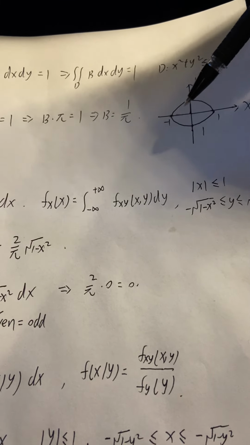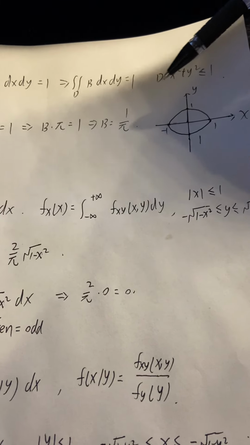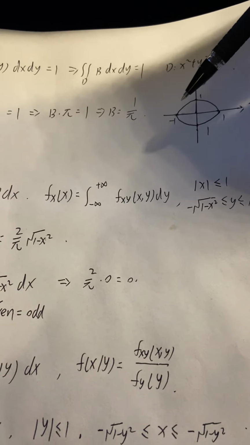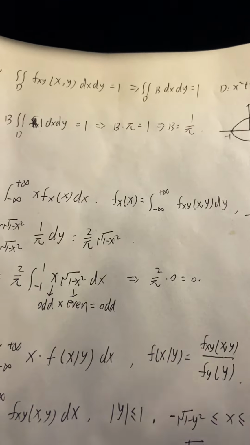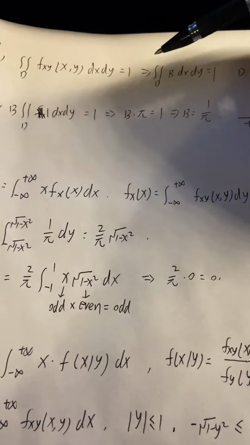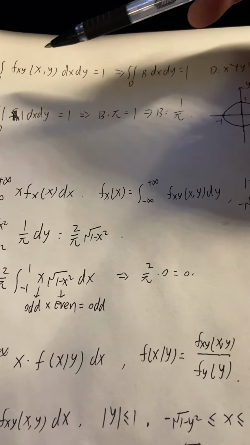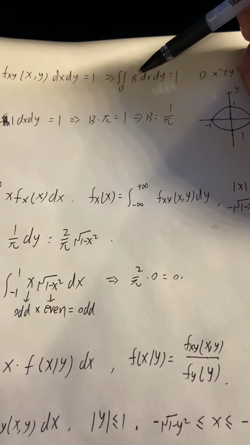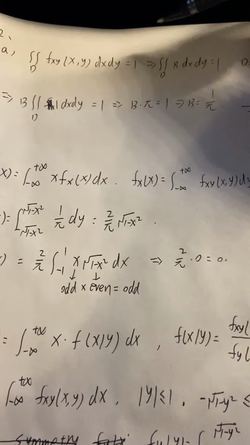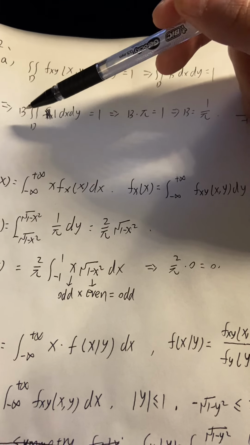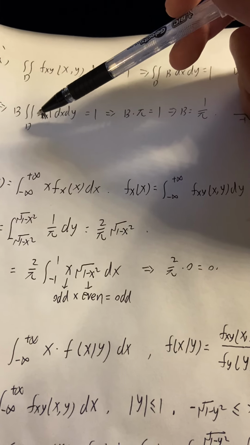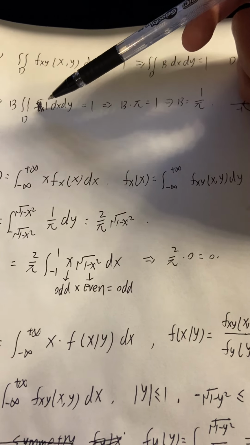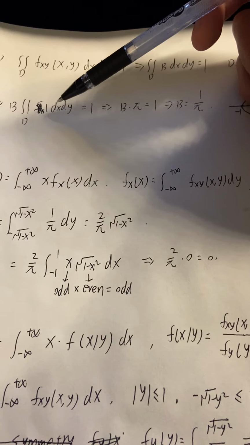So we can draw the region D. It will be a circle. The function value is b, and b is a constant, so we can put b outside, and the double integral inside will be 1 times dx dy.